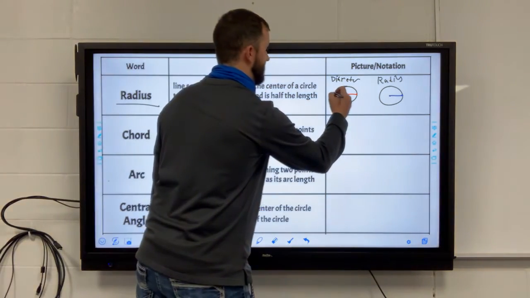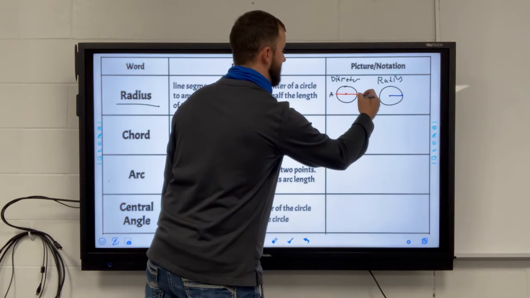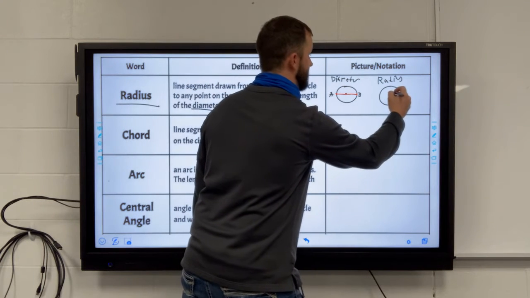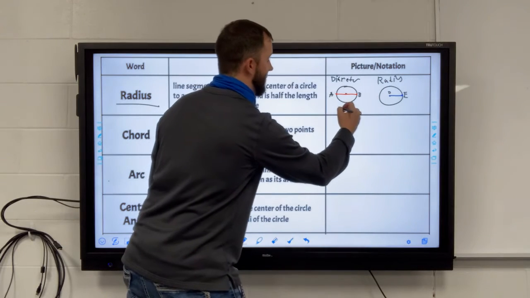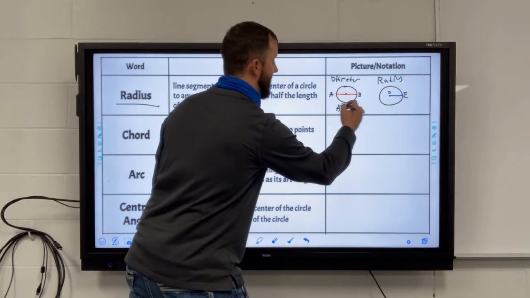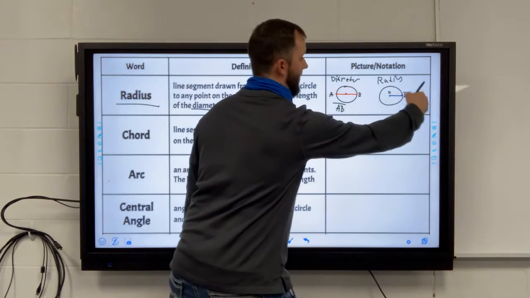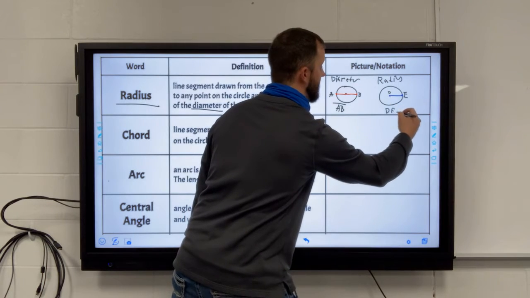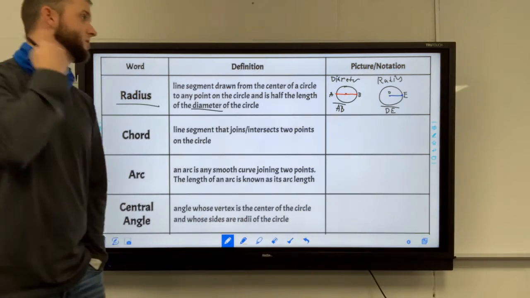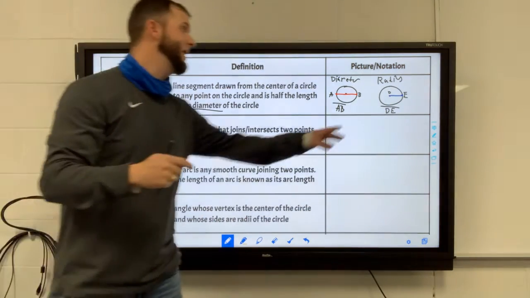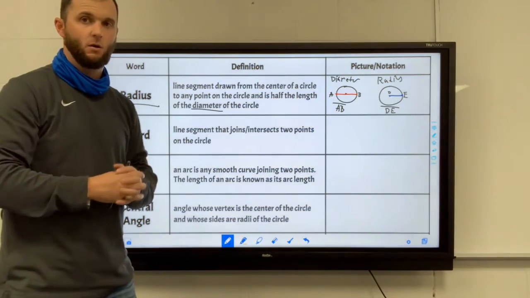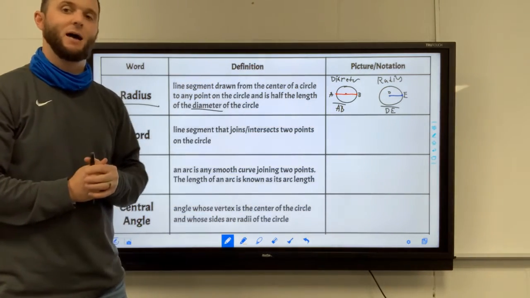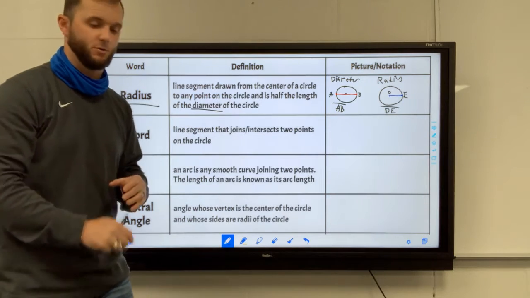So for instance, if this was point A and this was point B, this is point D and this is point E over here, your line segment here would be AB with a line above it. And then your radius here would be DE with a line above it. So again, the radius is going to be 1/2 the measurement of your diameter. Okay, so that's going to come into play a lot here going through all this circle stuff.